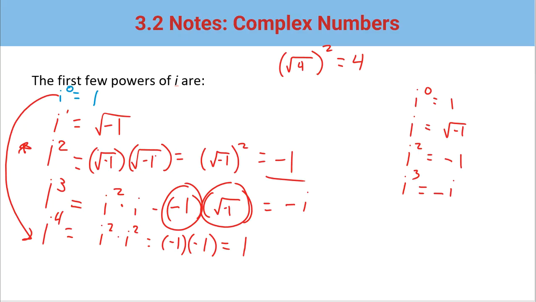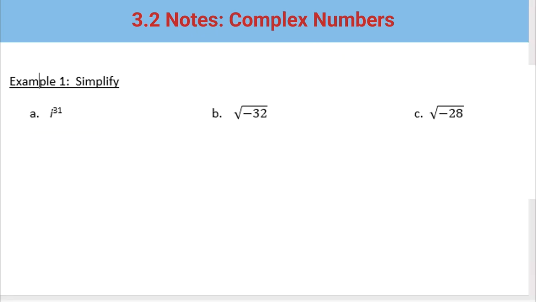So these are the 4 terms that you need to know. i to the 0 is 1. i is the same as square root of negative 1. i squared is negative 1. i to the 3rd is negative i. Okay, and we are going to use that concept to simplify these complex numbers.